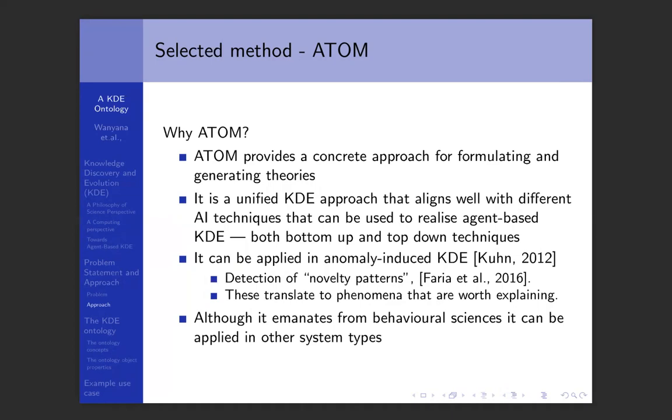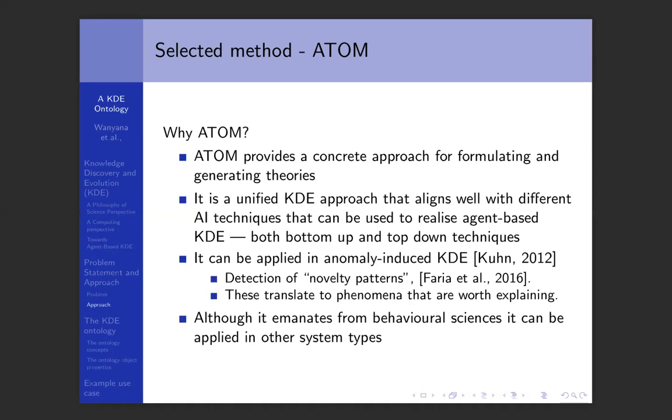Also, Kuhn suggests that the discovery process starts with the awareness of an anomaly, and anomalies can be detected, and then novel patterns detected from those anomalies, and these can translate to phenomena, and definitely ATOM aligns with this form of discovery.